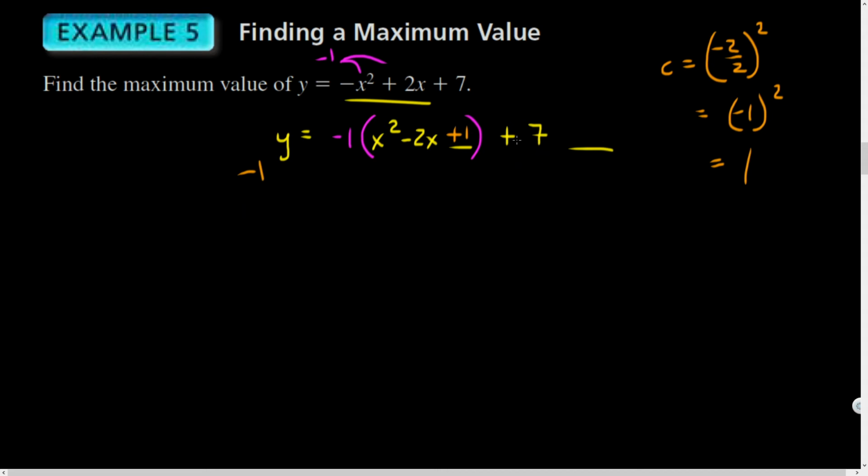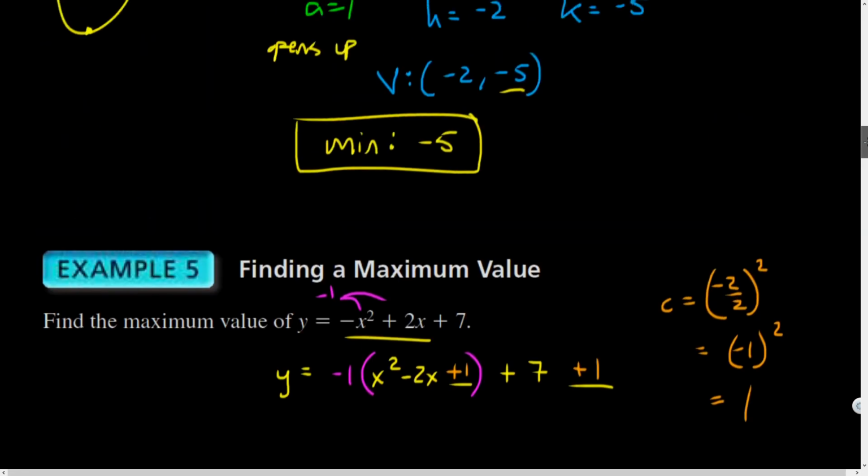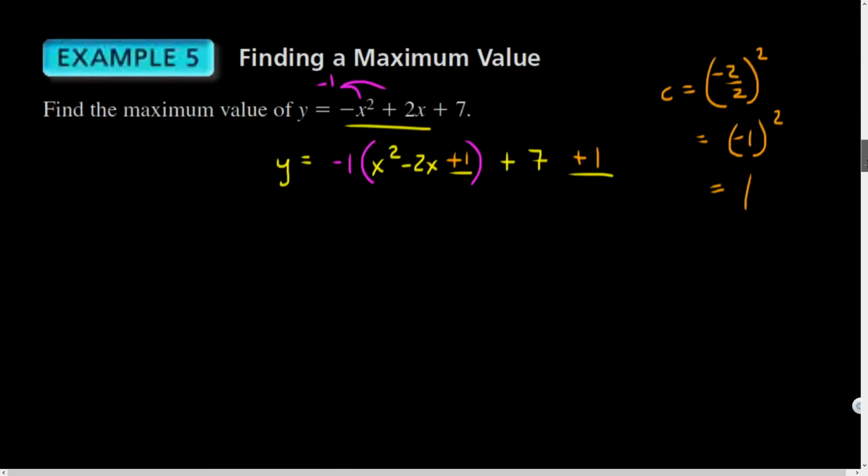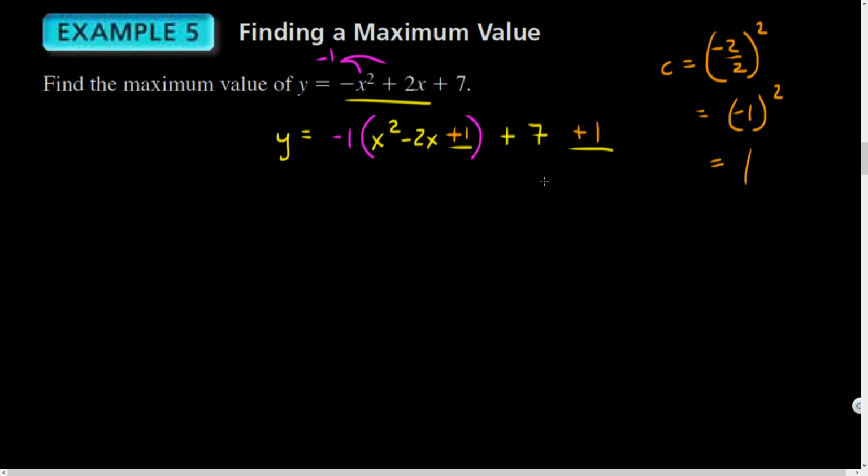Note that these are not necessarily always the same. Here it was plus, here it was minus, but that was because that was positive. And so let's fast factor, shall we? So I've got y equals -1 parentheses x minus 1 all squared plus 8. Where'd this -1 come from?